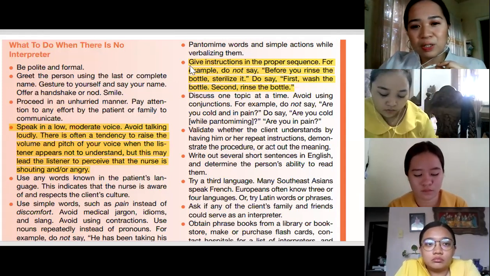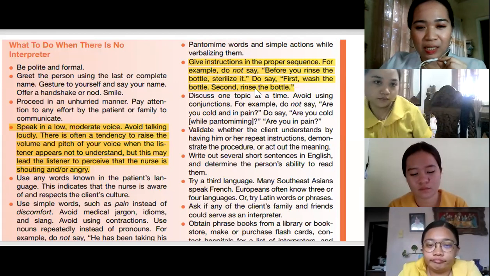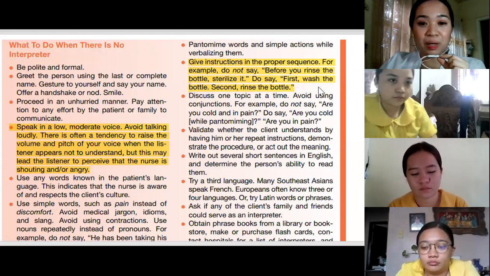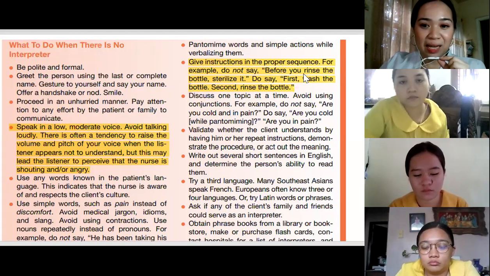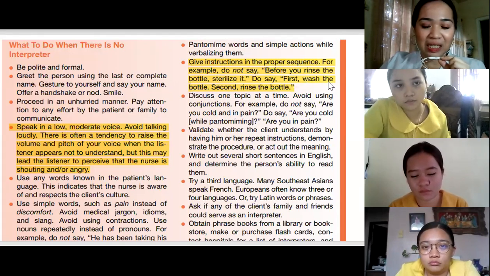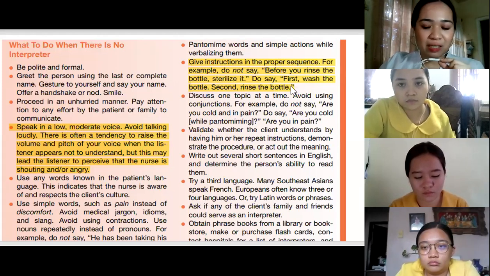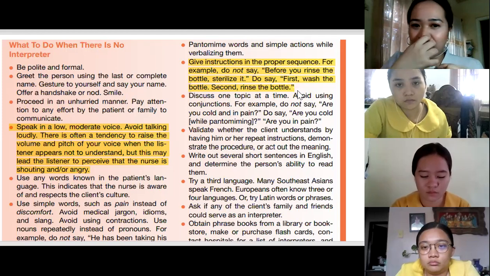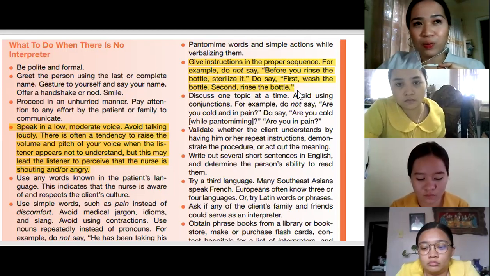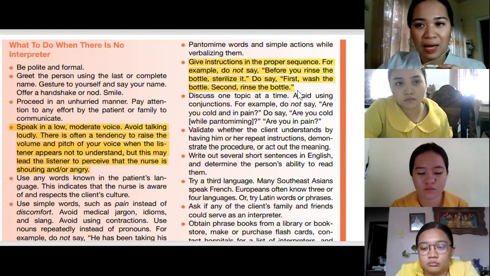Number 2, highlight dito is give instructions in proper sequence. For example, do not say, before you rinse the bottle, sterilize it. Do say, first, wash the bottle. Second, rinse the bottle. Ano pinagkaiba nun? Yung una mong sinabi, bago mo hugasan, sterilize mo muna.